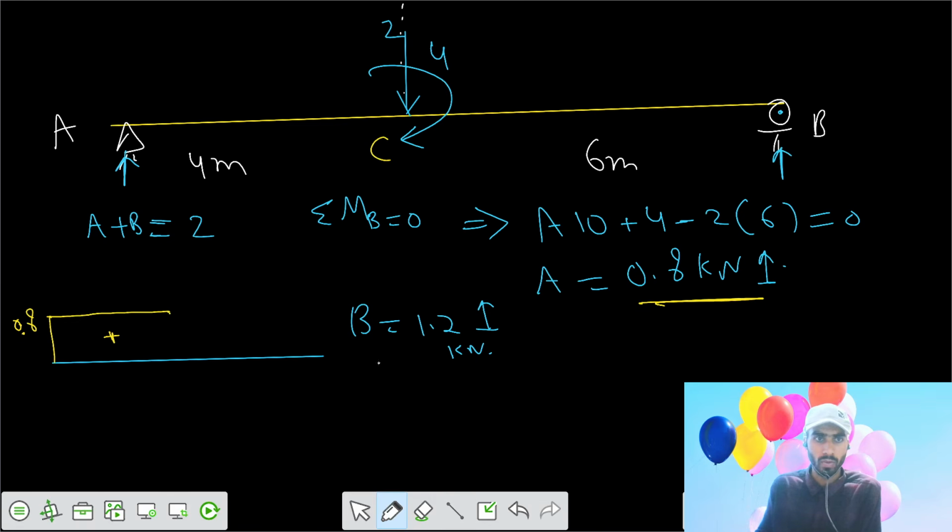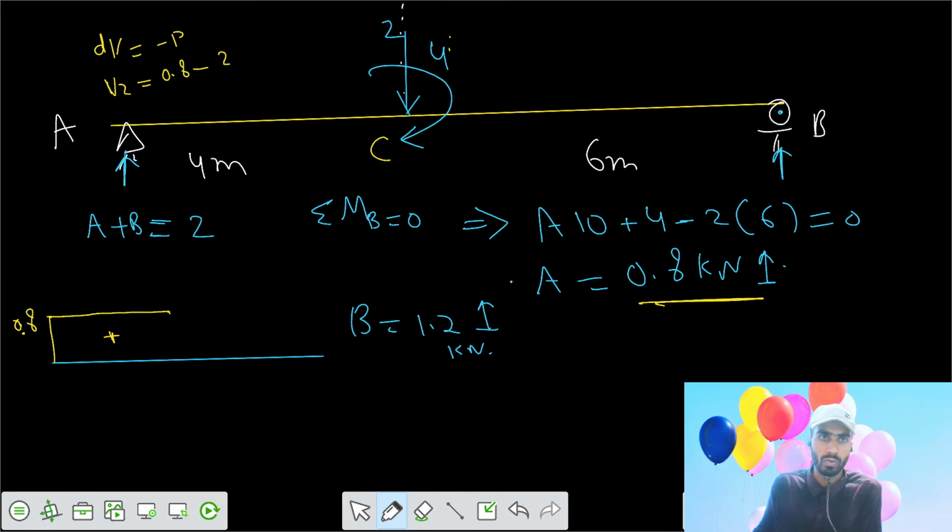Then we have a point load of 2 kilonewton downwards, and there is no effect of concentrated moment at that point in the shear force diagram. Only the point load matters, dV equals minus P. So your shear force V2 would equal V1, which was 0.8, minus your P, which is 2.